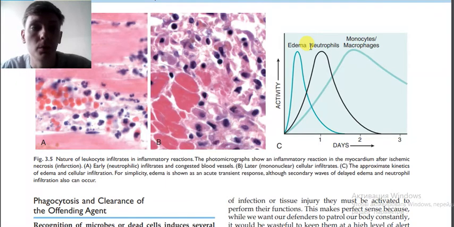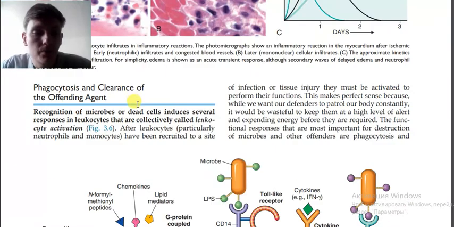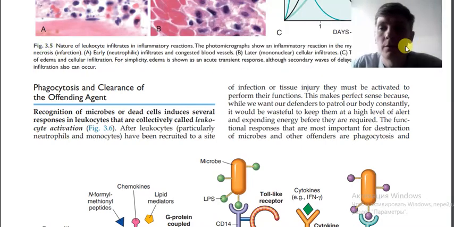This will be discussed a little later, but keep in mind that collection of neutrophils later might cause the formation of pus. So this is pus formation. Then phagocytosis and clearance of the offending agent.